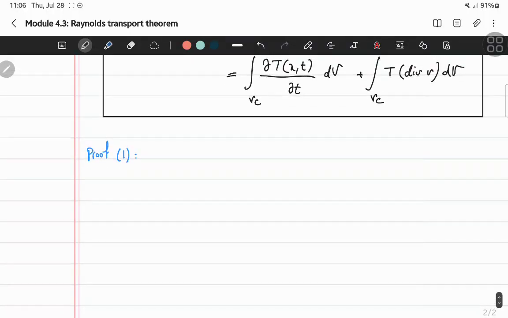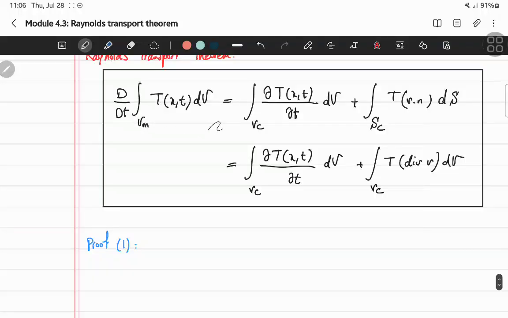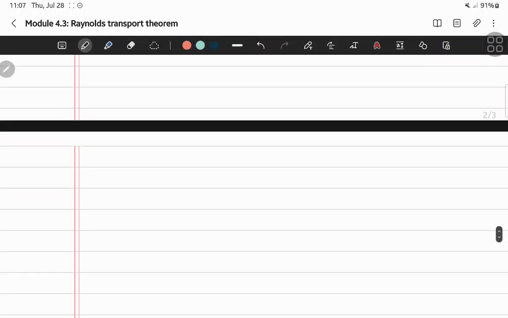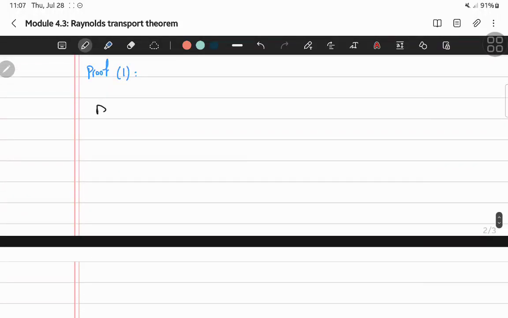So basically, we start from here. We have d/dt of the integral of T(x,t) dV over Vm. And the book also used t in here to say that this is at the time increment t, because this Vm is changing with time.